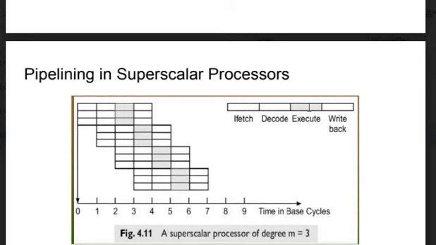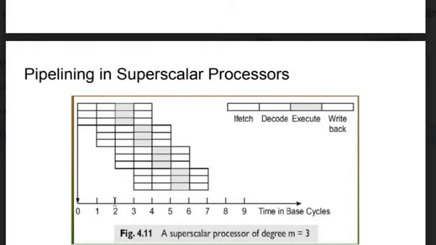We cannot perform execute unless we finish decode, and unless we finish fetch, we cannot start decode. To execute any instruction, decode is compulsory, and to perform decode, fetch is compulsory. That means we cannot expect output immediately after starting a computer. The computer will never give output at the 0th second.